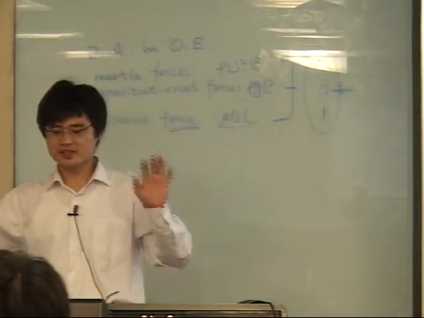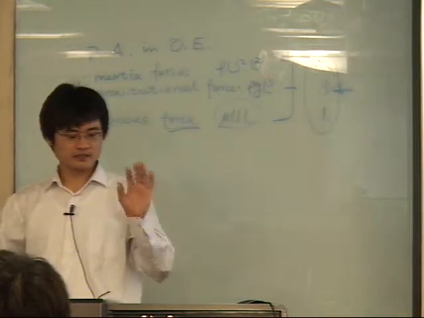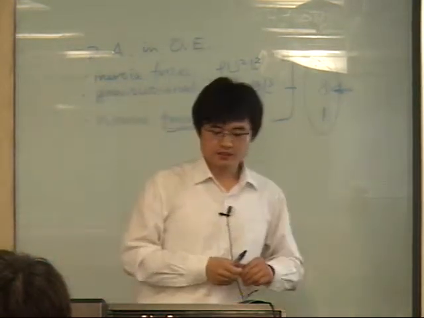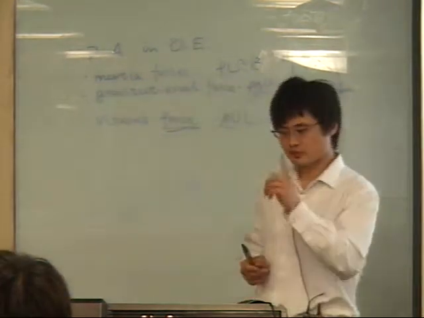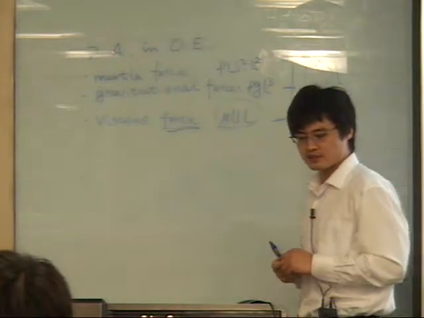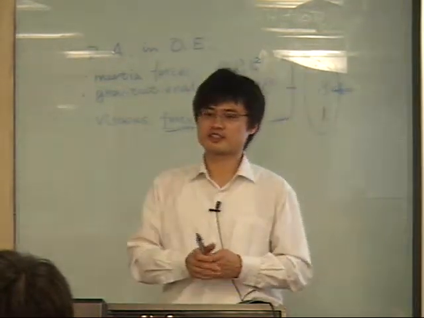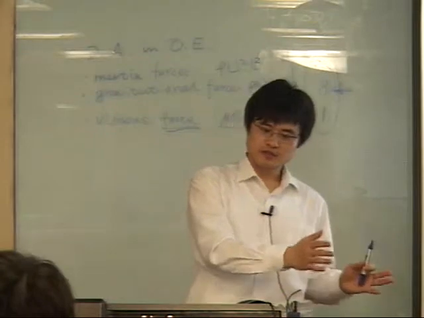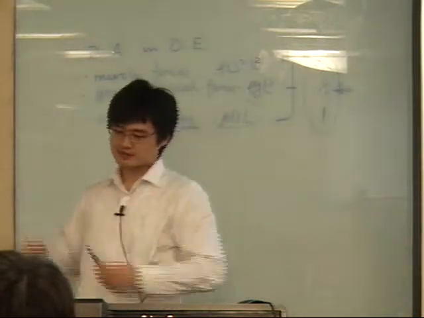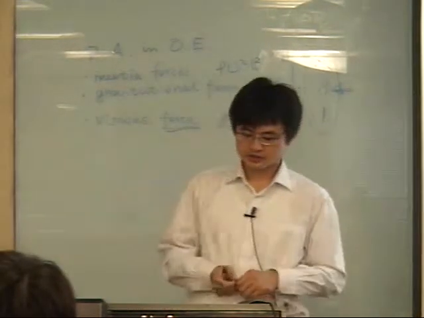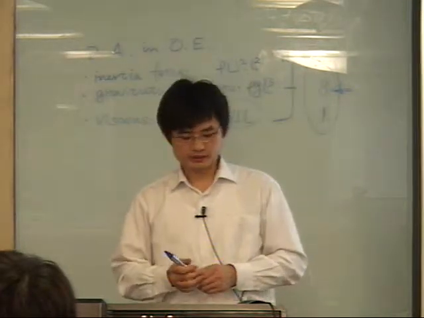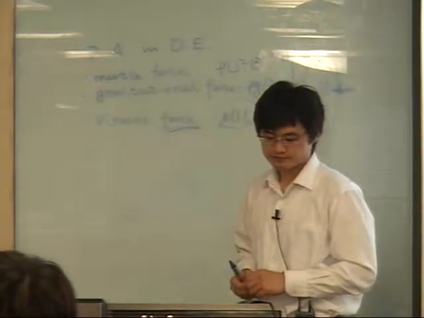So we say these two systems are dynamically similar. This is very important for us to do a model test. That's the only way we can scale from one test to another, whether the full scale test or another model test with different scales.